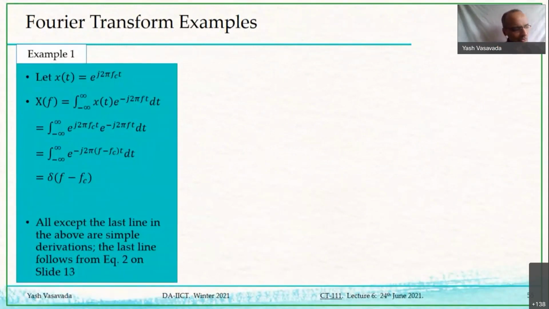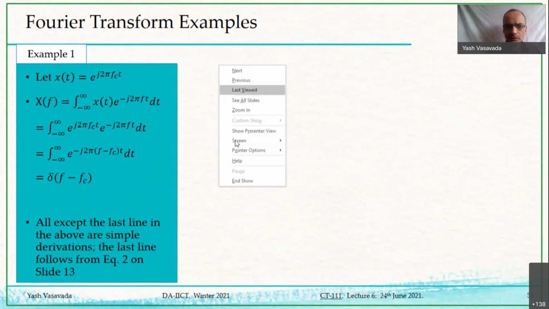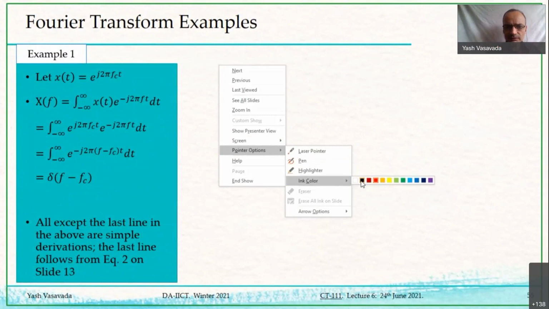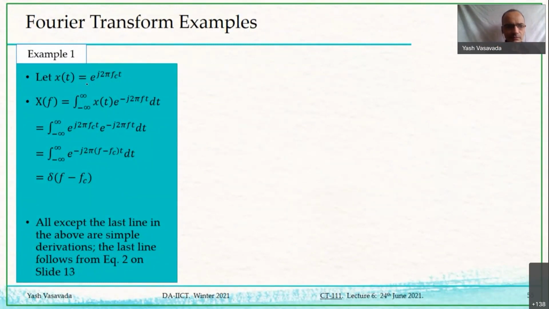So one is we are going to take the Fourier transform of a complex exponential which is oscillating at some frequency f of c. So all I do is I use this formula for the Fourier transform.